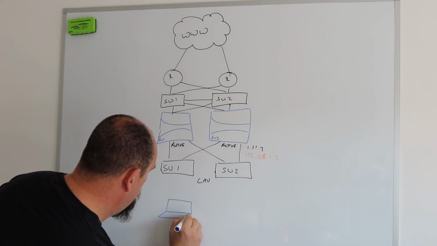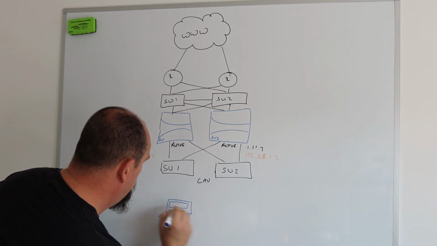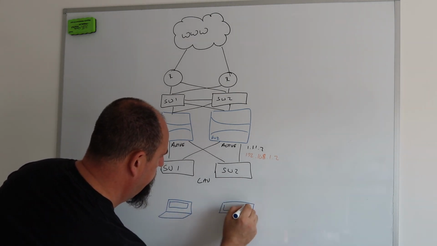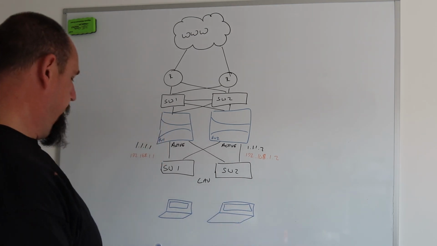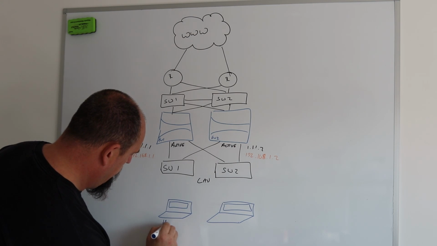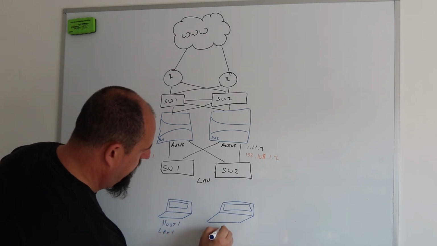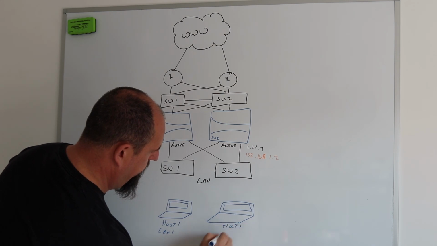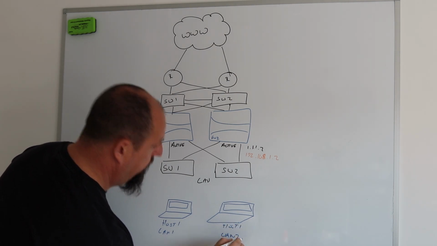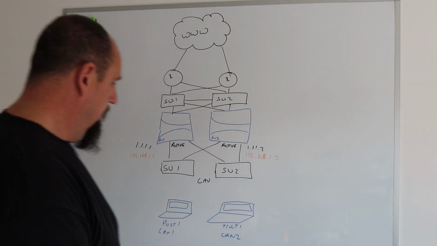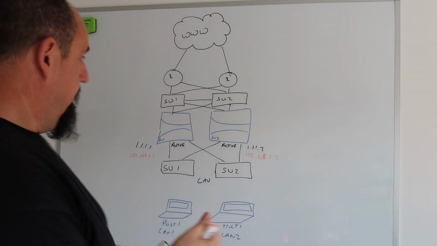Here's our little host and another one. Okay, so that's going to be host 1, LAN 1, and that can be host 1 on LAN 2, for instance. Then they're connected into these switches.